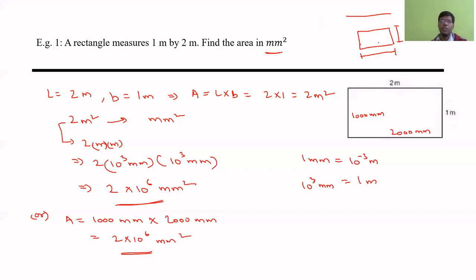That's how when we find area, we get meter square or millimeter square. Because it is two dimensional, we get square, since we are multiplying length with length, and length multiplied with length becomes length square.